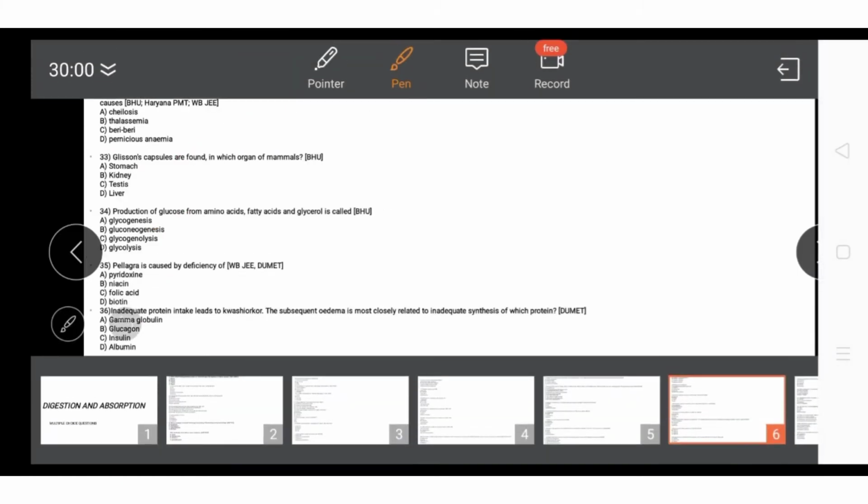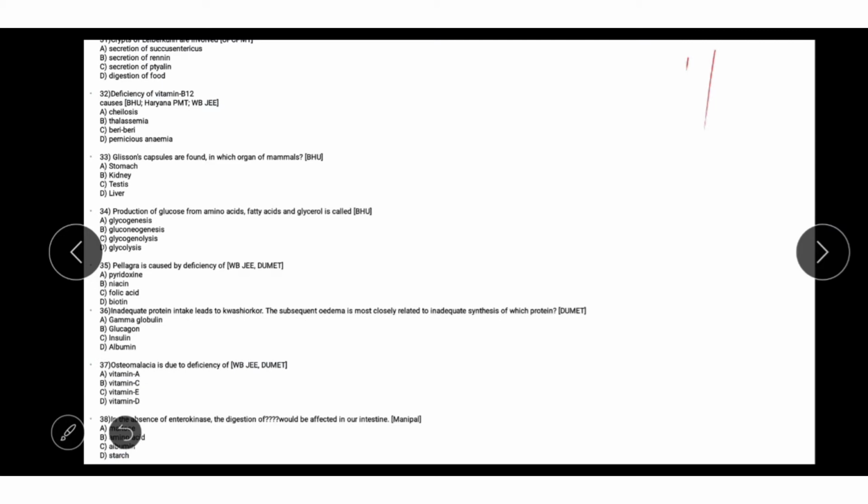The next is, the crypts of Lieberkuhn are involved in secretion of succus entericus. First option.